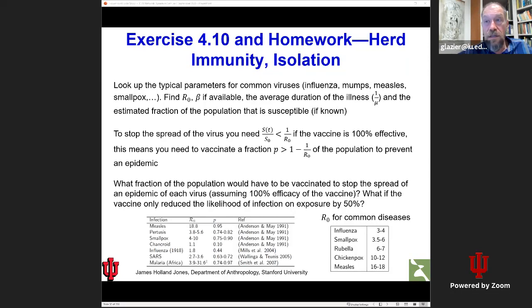So if you look at 1918 influenza, the terrible pandemic influenza that was so lethal, the estimated R naught is 2. And so it was actually less contagious, even though it killed a larger fraction of people who got it. Classic SARS had a lethality on the order of 10%, but it also had a lower R naught.